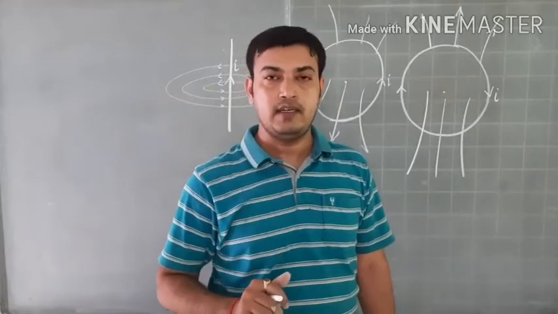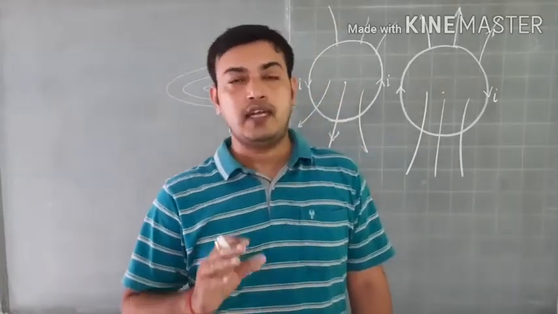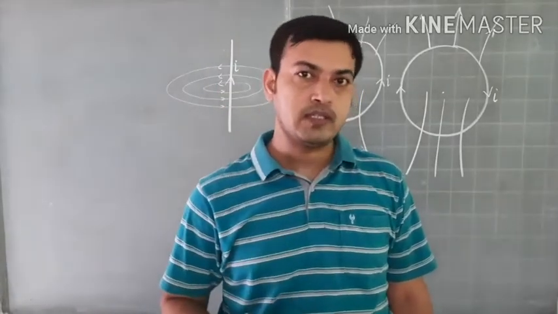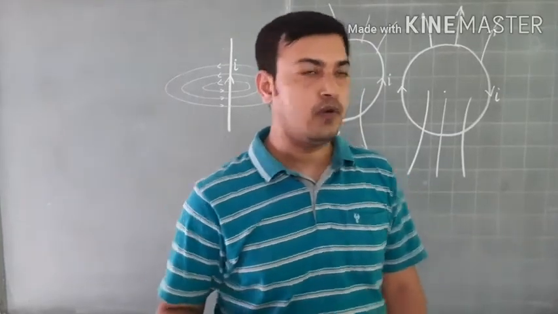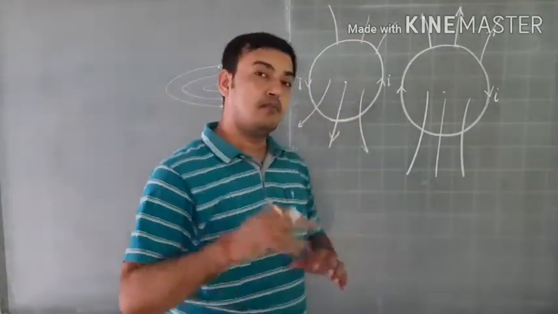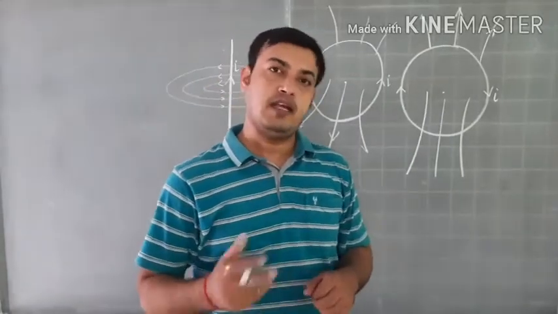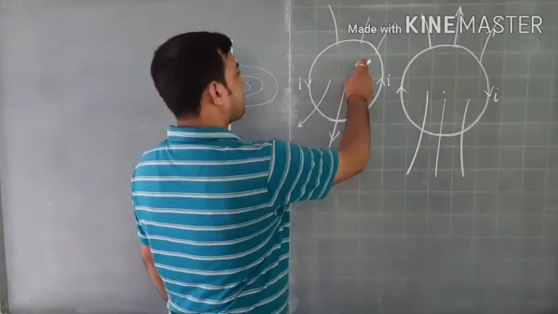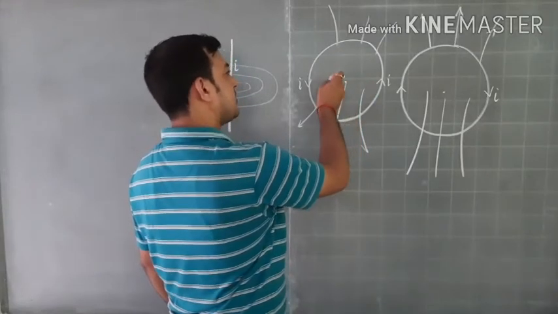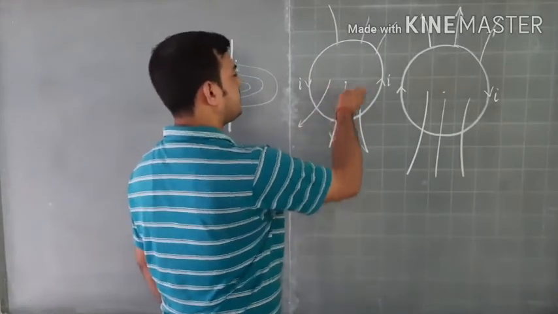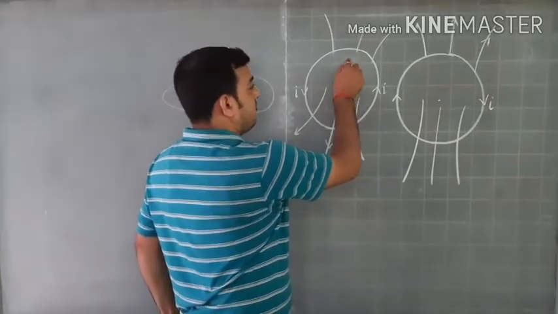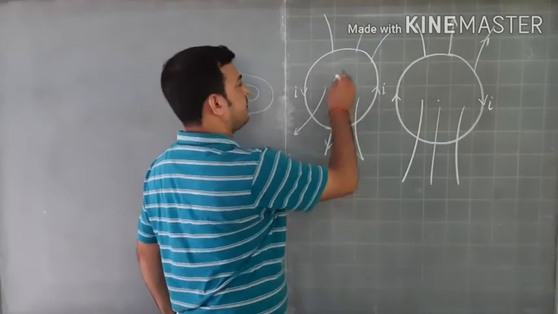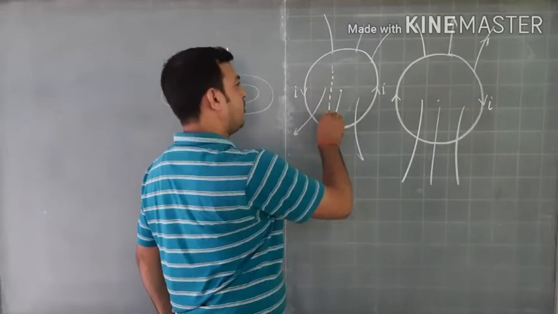And now, since we know that a bar magnet has two poles, south pole and north pole, this coil must have a south pole and a north pole. In the first case, if you can see, when the magnetic field lines are coming out from this face, then the front face behaves like a north pole.